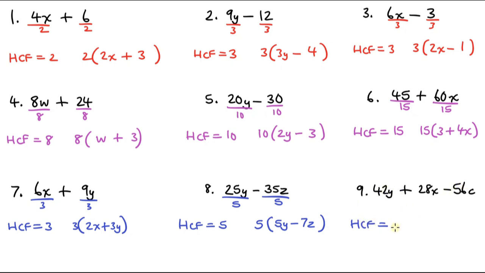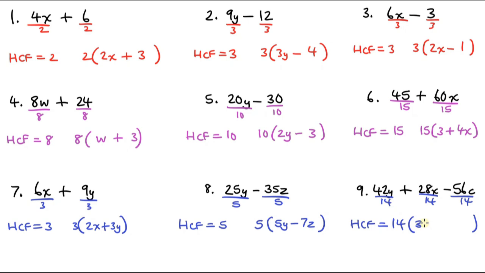Took me a while to get that, but we can factor out a 14 from this expression. If you did get 14, well done. And now we just need to divide everything by 14, so all 3 terms. So 42 divided by 14, I said was 3.